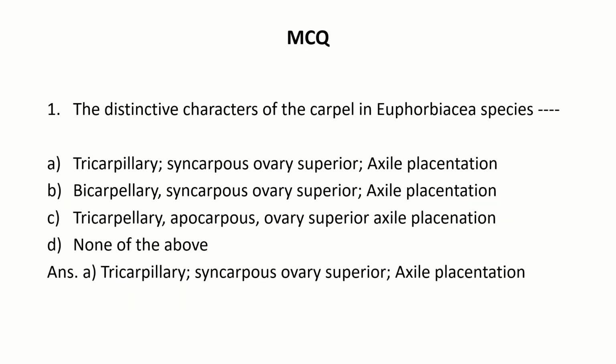Okay, these are some of the multiple choice questions. The distinctive characters of the carpel in Euphorbiaceae species. You'll have to find out the right combination. I would request you to solve these questions first without looking into the answer. This is like a self-test.